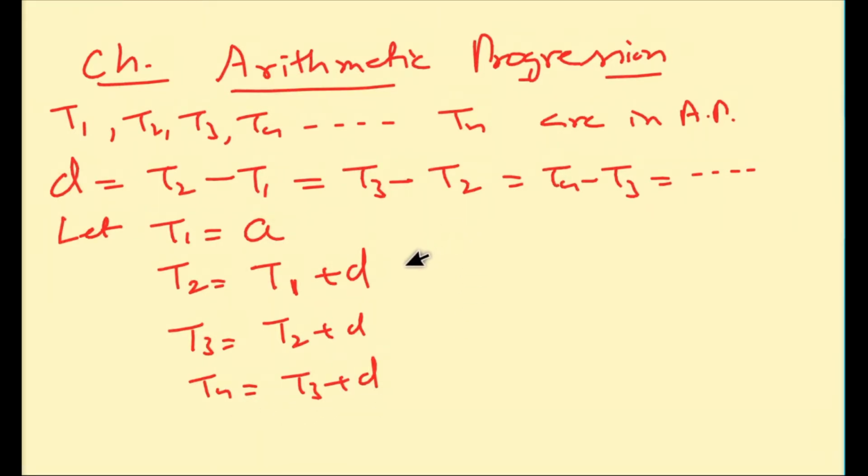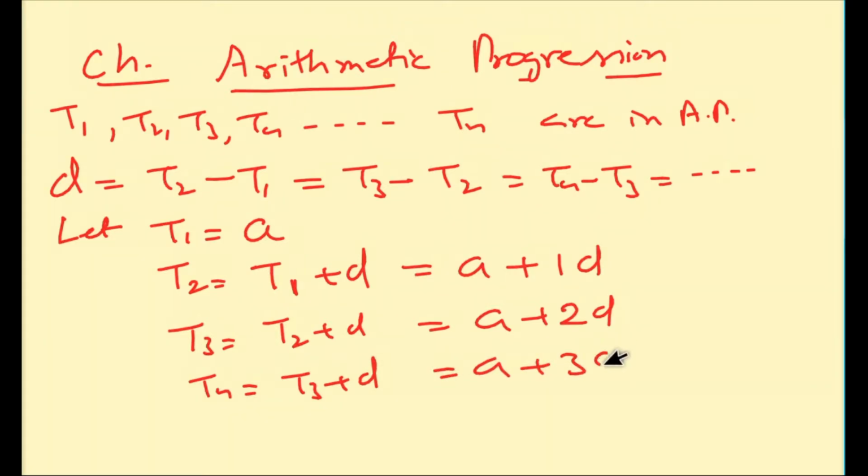Now, let T1 be A, so T2 is A plus 1D. If we add D to T2, we get A plus 2D. And for the third term, we get A plus 3D.